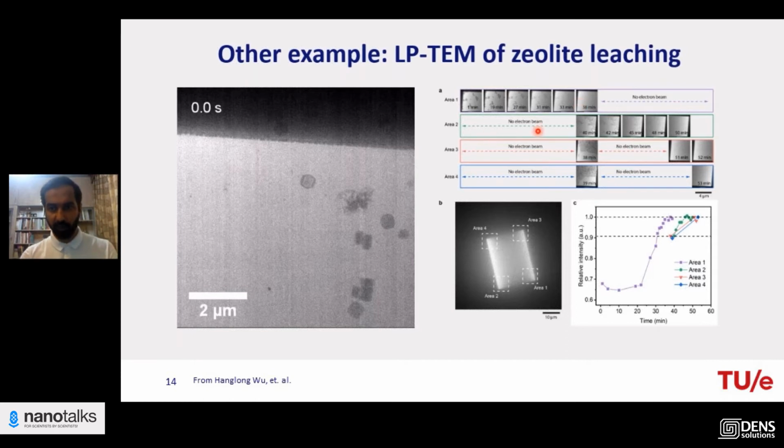While if there is no beaming for that period of time, there are still some particles remaining that, under the beam, will be gone in 10 minutes from minute 40. And if we do these pulses, imaging at 38 minutes and then at 50, you can still see that the leaching process extends in time.